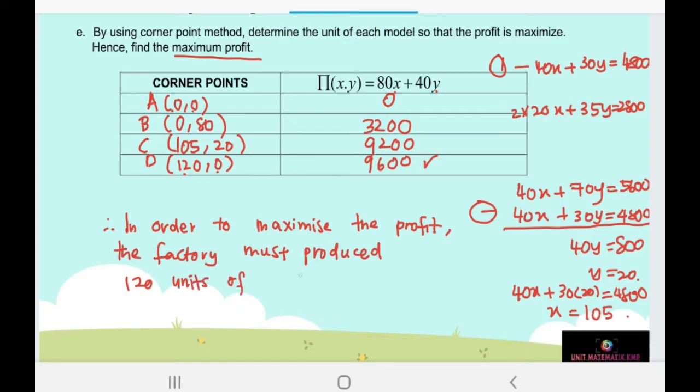X is hi-fi model, so we need to write down the variable back. So the hi-fi model, to get maximum profit, how much?